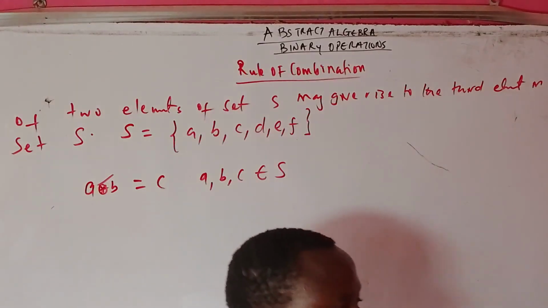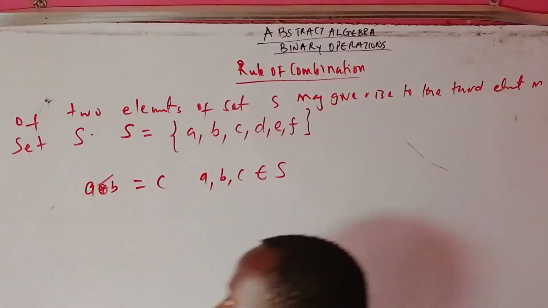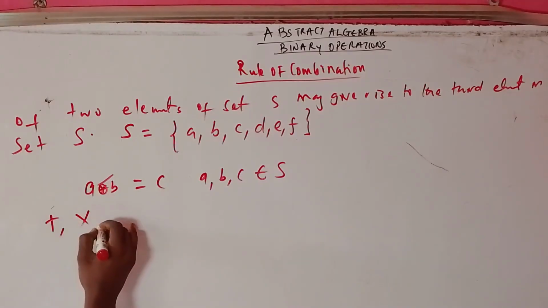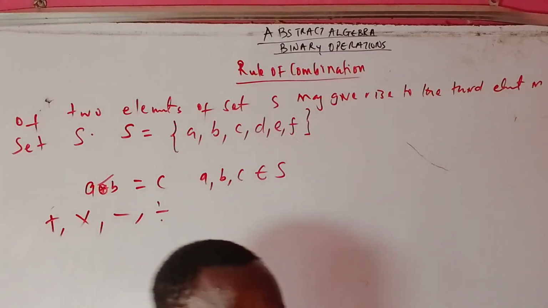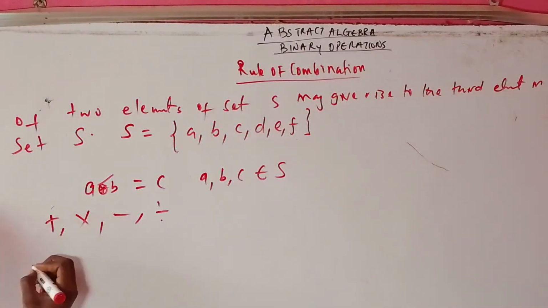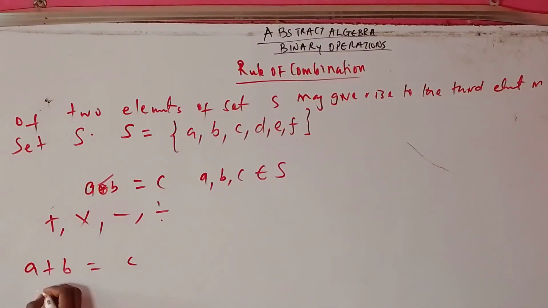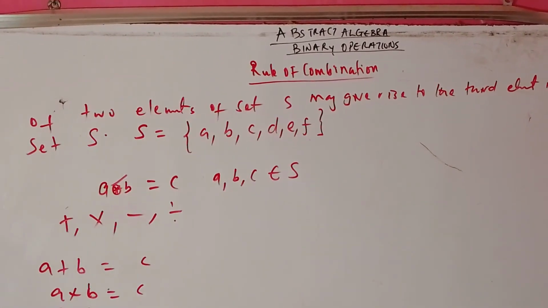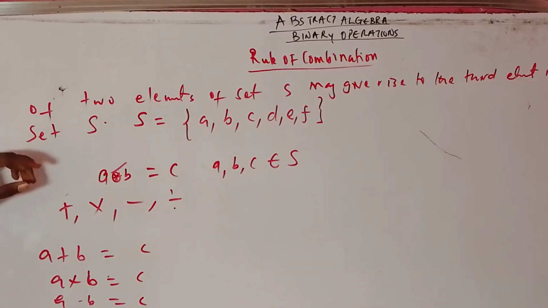Now, we have some operations that we all know. We use them every day. Your plus, your multiplication, your subtraction, and your division, they are all well-known operations, rules of combination. Let's say you have A plus B is C. You can say A multiplied by B is equal to C. You can say A minus B is equal to C. You can say A divided by B is equal to C. That is what we call rules of combination.